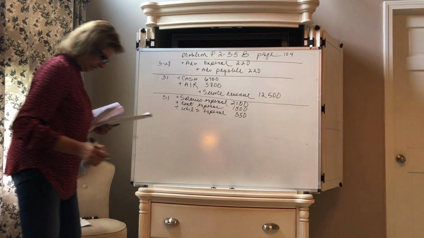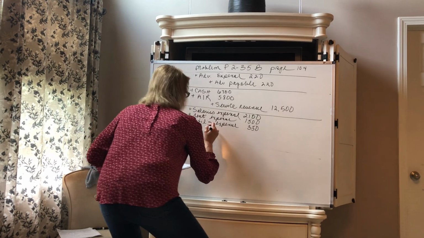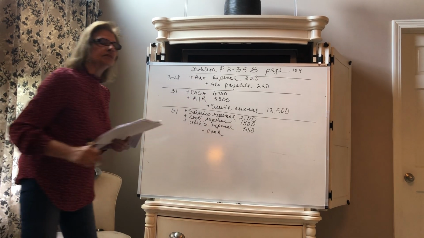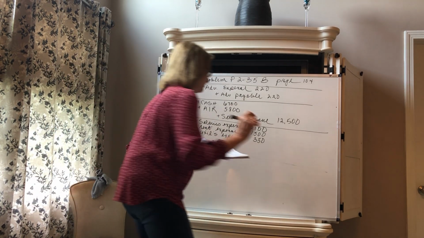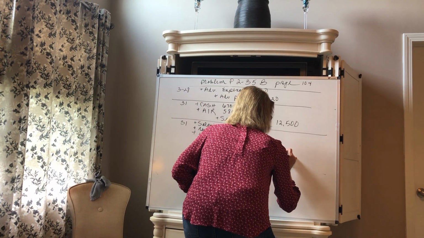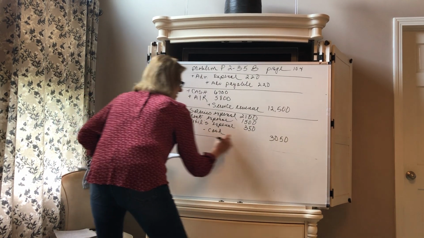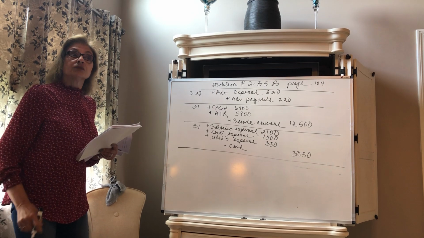Let me double check. Yep. So we can make one total for cash as a decrease. Remember, when you pay cash, it always goes down. Add up all the expenses you paid, $3,050 is the total of the three expenses that just got paid. All in one compound journal entry.